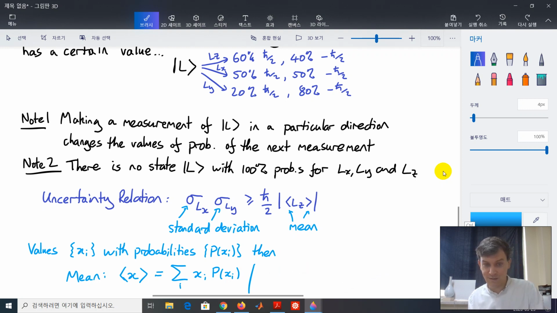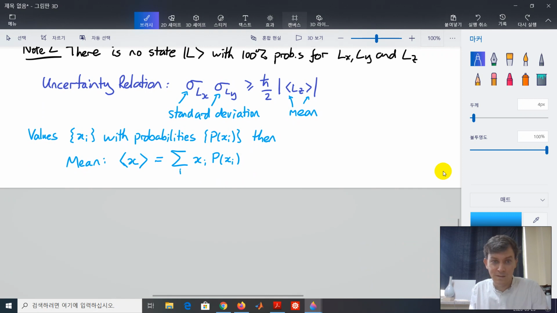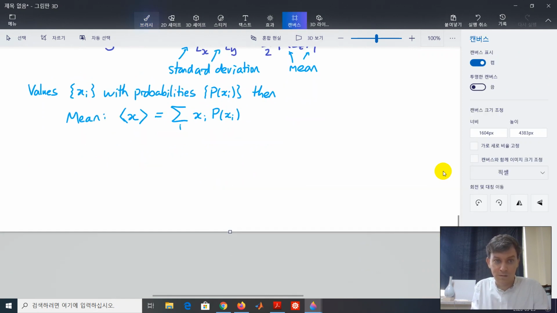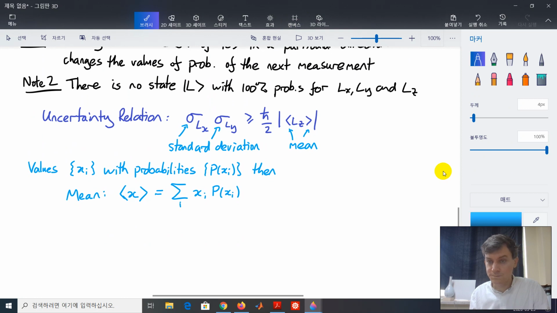In fact, I don't have space there, let me do it underneath. It is defined as the sum over i of the square of the values xi squared times the probability, minus the mean squared.